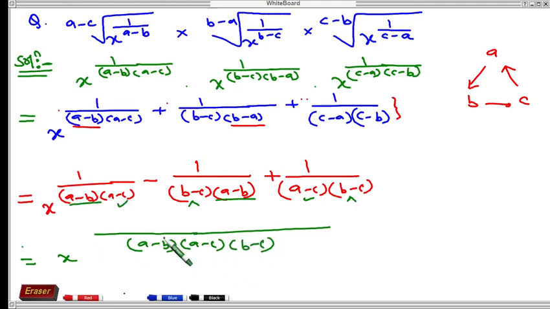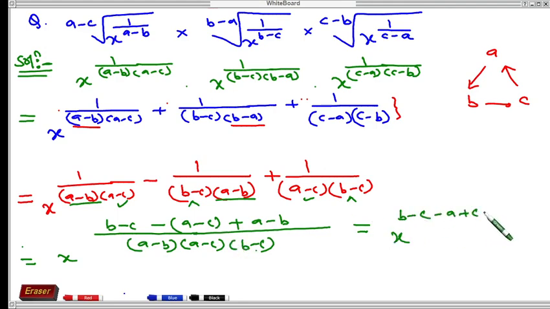Now a minus b and a minus c is gone, cancel, b minus c one time. b minus c, if here is minus, insert the bracket, minus (b minus c), and a minus b gone, a minus c plus, in case of plus directly we can do that, and a minus c and b minus c gone, a minus b.